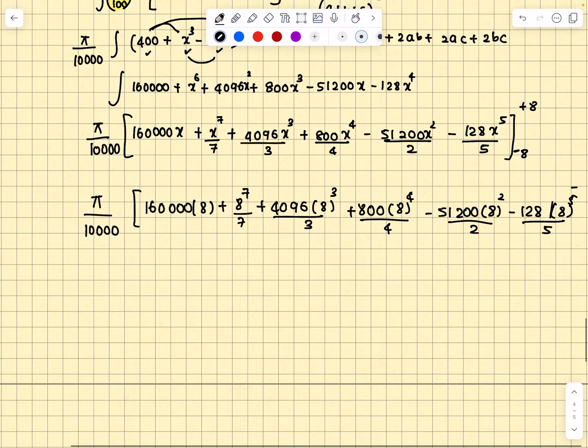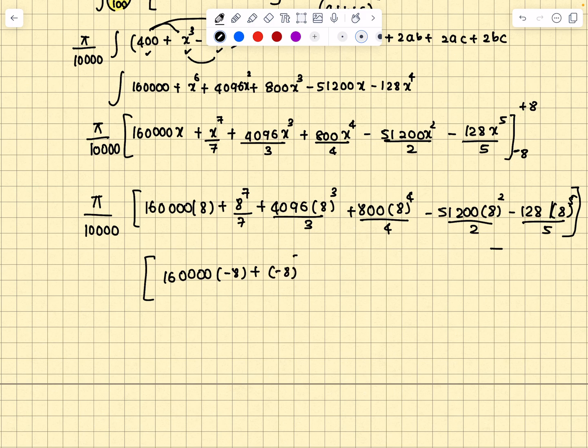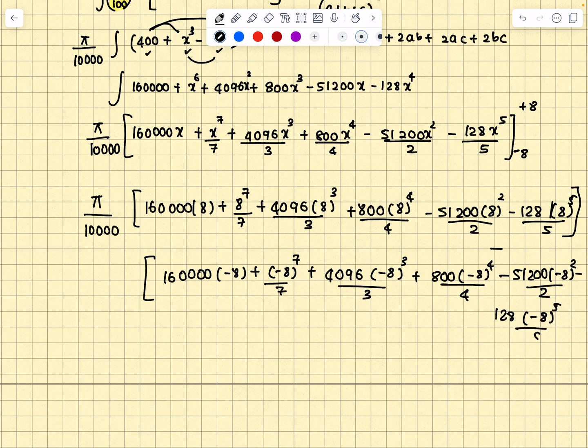So all of that minus 160,000 times minus 8 to the power of 7 over 7, 4,096 times minus 8 cubed over 3, 800 times minus 8 to the power of 4 over 4, 51,200 times minus 8 squared over 2, 128 times minus 8 to the power of 5 over 5.